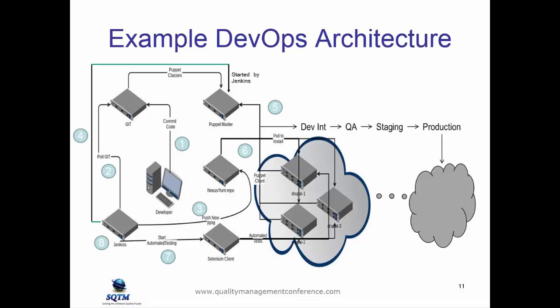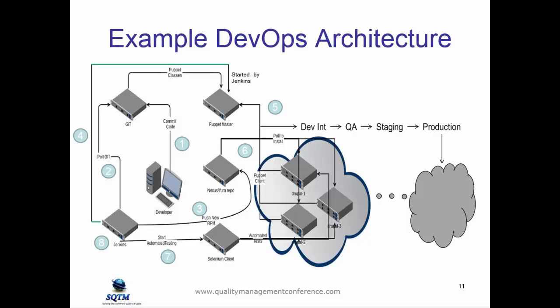At the same time, step number four, Jenkins, the continuous integration server, in this instance, goes over and talks to what's called the puppet master. We're using in this example a piece of software called Puppet to do our automated provisioning and setting up of machines downstream. So Jenkins calls Puppet, tells Puppet that it wants a new environment set up.